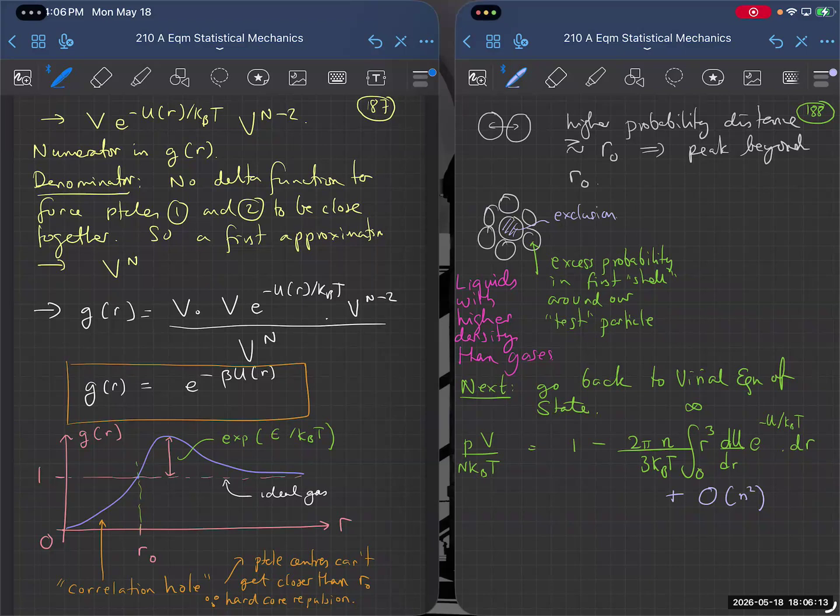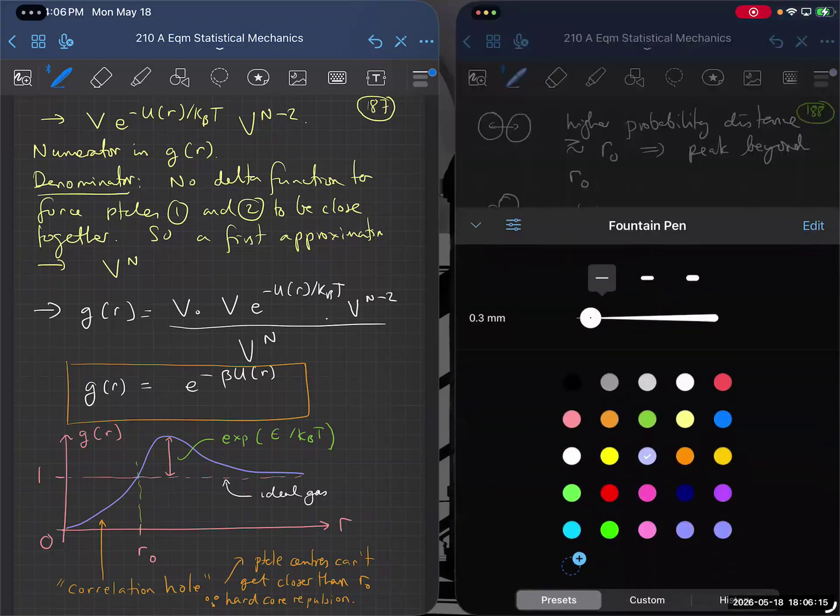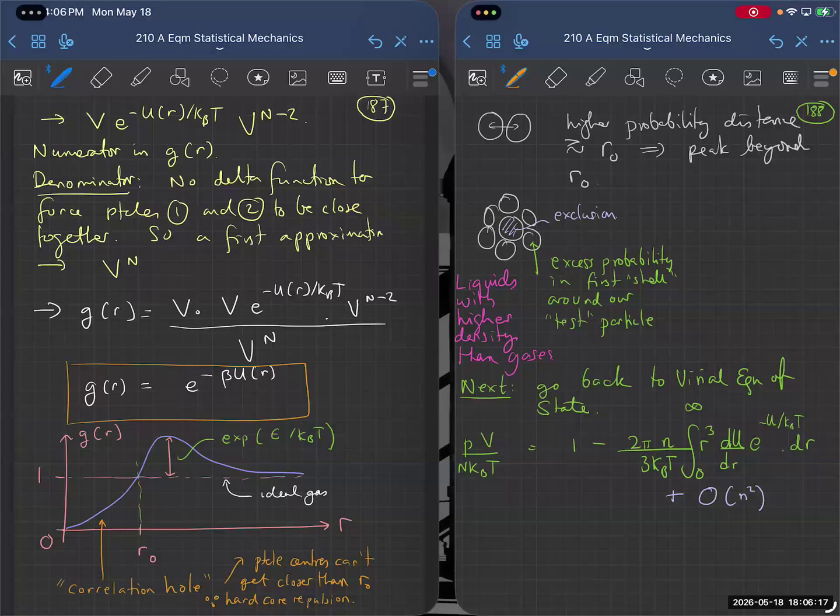So I want to now beat this formula down into a very nice form which we can generalize. So there's the result, and you can just do that integral, and then you're done.